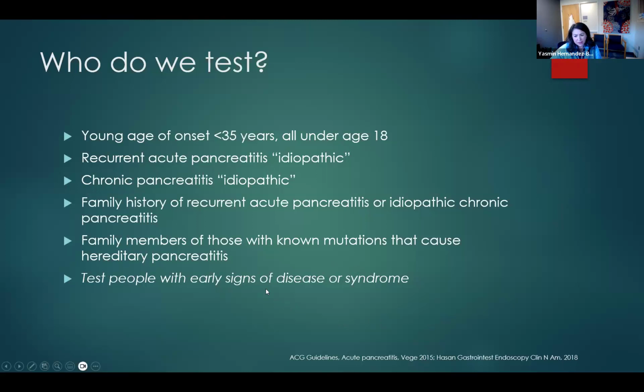And lastly here, I want to potentially argue that we want to test everybody with early signs of the disease or this syndrome. So perhaps we're going to have a world where we want to test almost anybody that's had pancreatitis just to see if there are potentially modifiable risks, but I'll discuss that a little bit later.